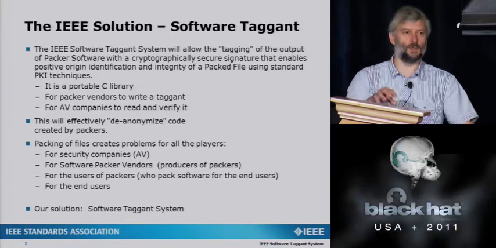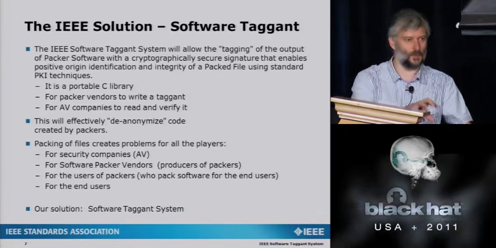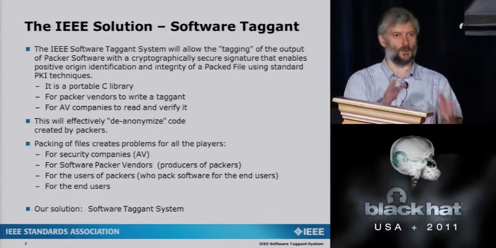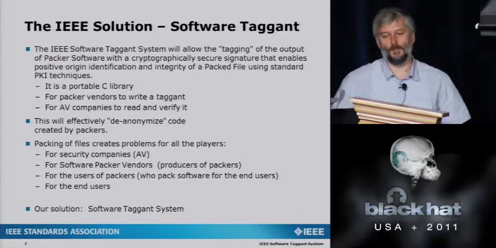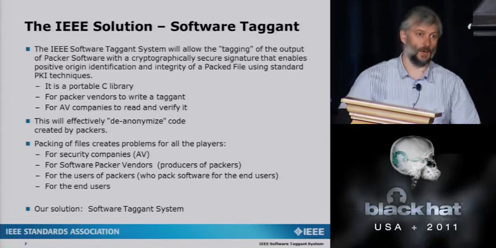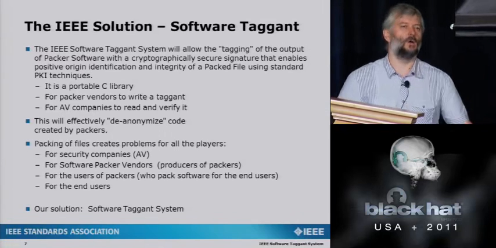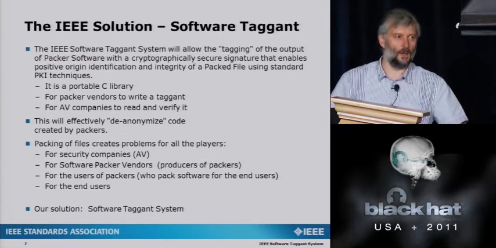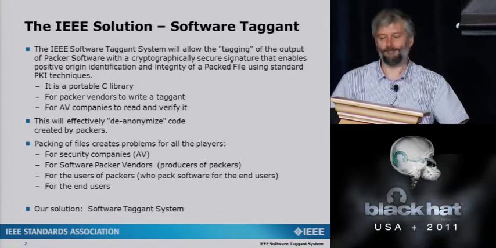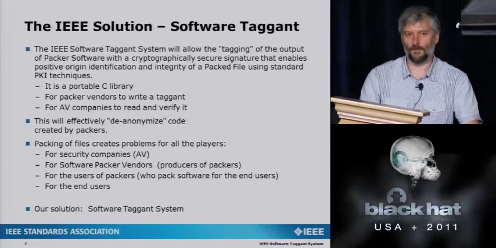So if there are three users like Alice, Bob, and Carol, we would be able to say that this program was created by Alice and not Bob. That's very useful because that allows us to blacklist a particular source of executables if this source appears to be a bad one. Also, it serves a purpose of verifying the integrity of the file.